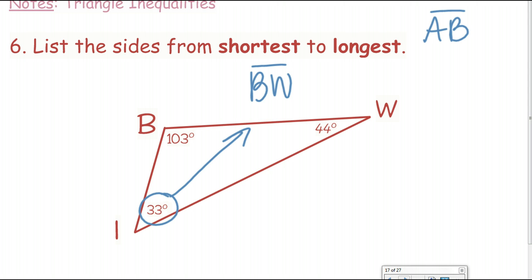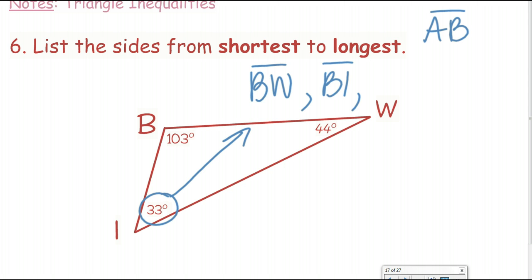What comes next? BI, capital B, capital I with the segment on top. Is that the same as IB? Yes. BI and IB are the same segment.